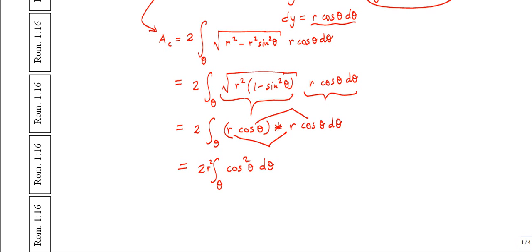Here we have to do a little bit of an aside. I've actually shown how to do this in a previous video where we were looking at the area of a circle, and in that video I used integration by parts. I'm going to illustrate a different technique using the double angle formula here.